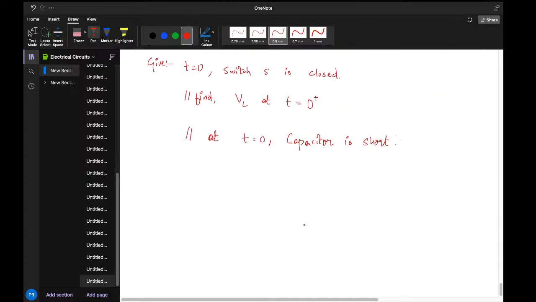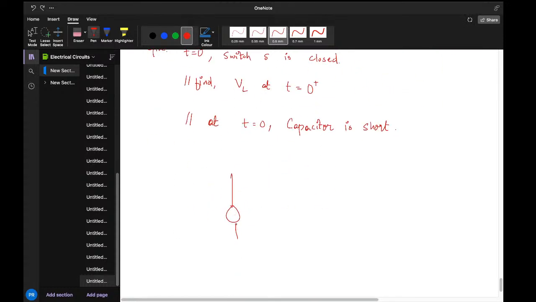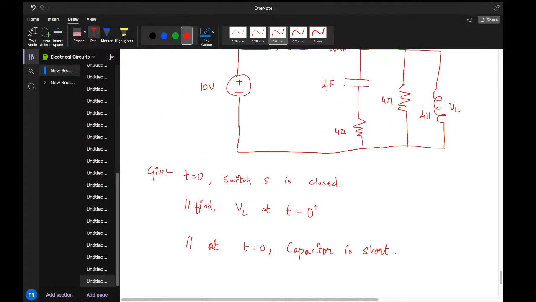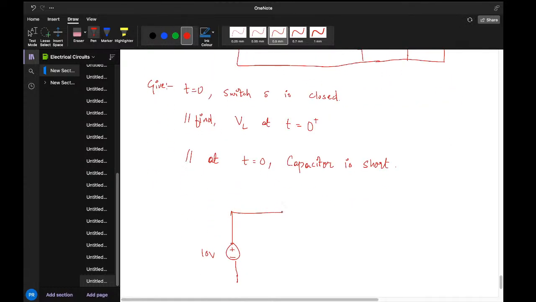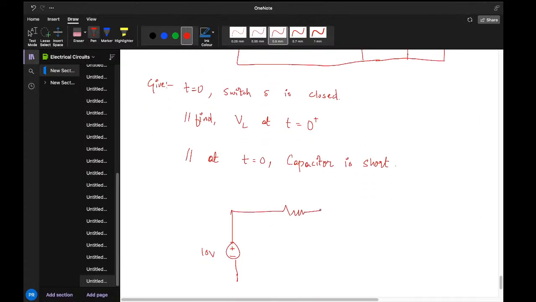Okay, so let's just rewrite the diagram. So I guess it's a positive voltage. Since it's a short circuit, we have a resistor over here. And I guess we have another resistor. Then we have an inductor.